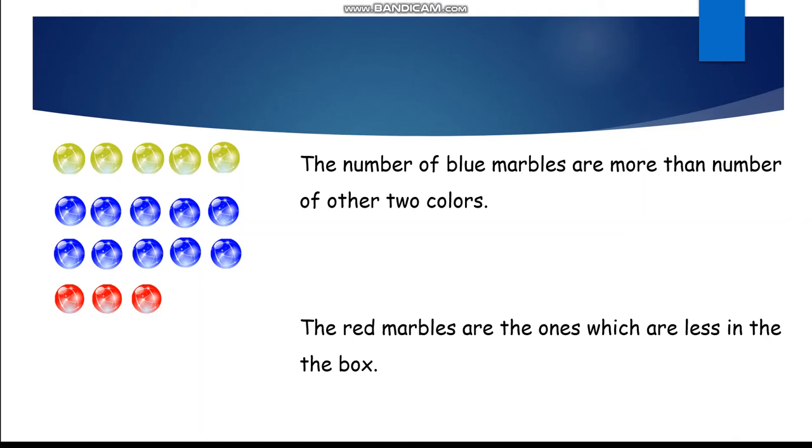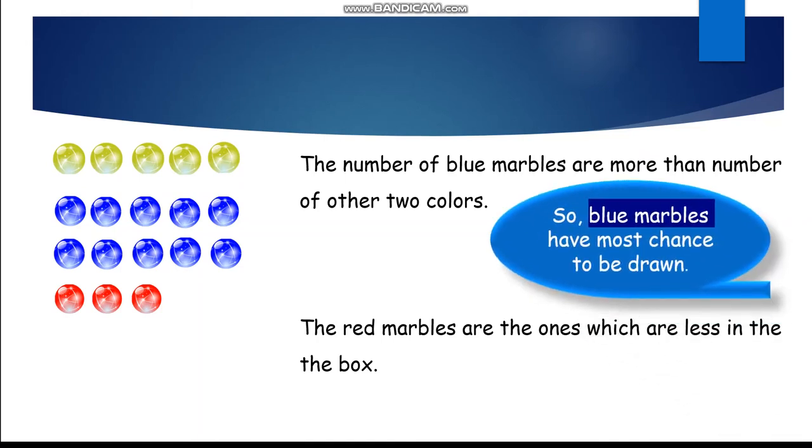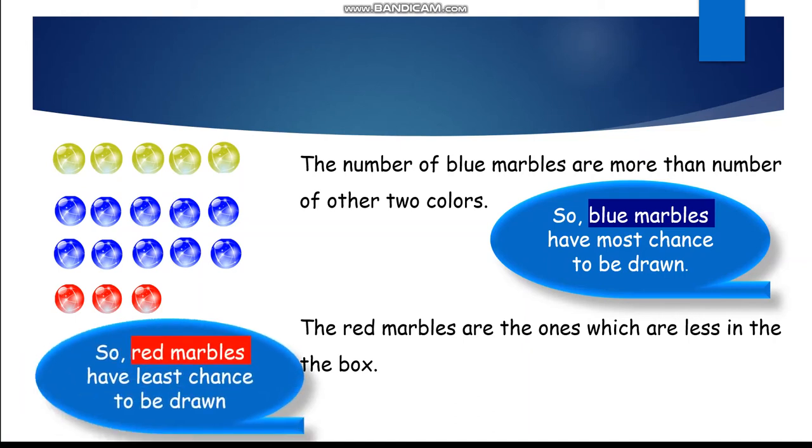So if we think about the chances of these marbles to be drawn, we can say blue marbles have the most chance to be drawn because there are more of them in the box. So what can we say about the red ones? Yes, the red marbles have the least chance to be drawn because there are fewer of them in the box. Yes, you solved the question. Congratulations.